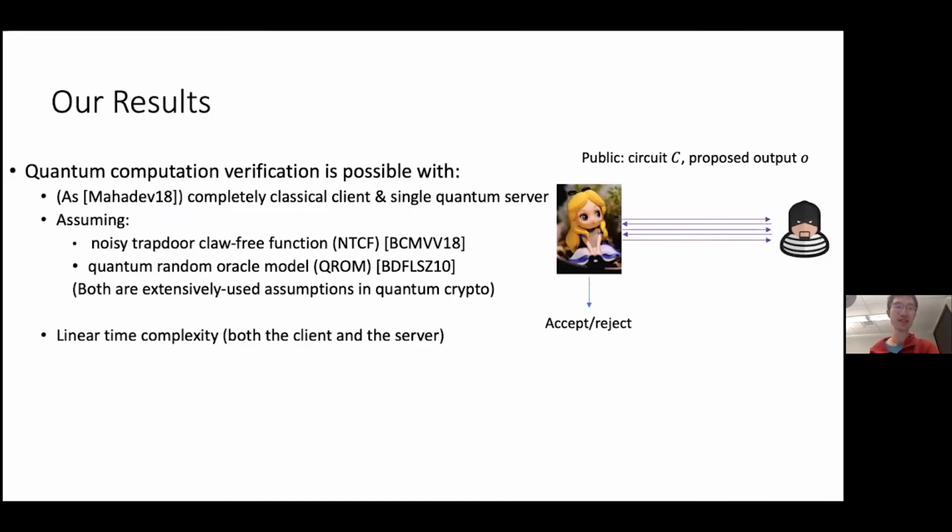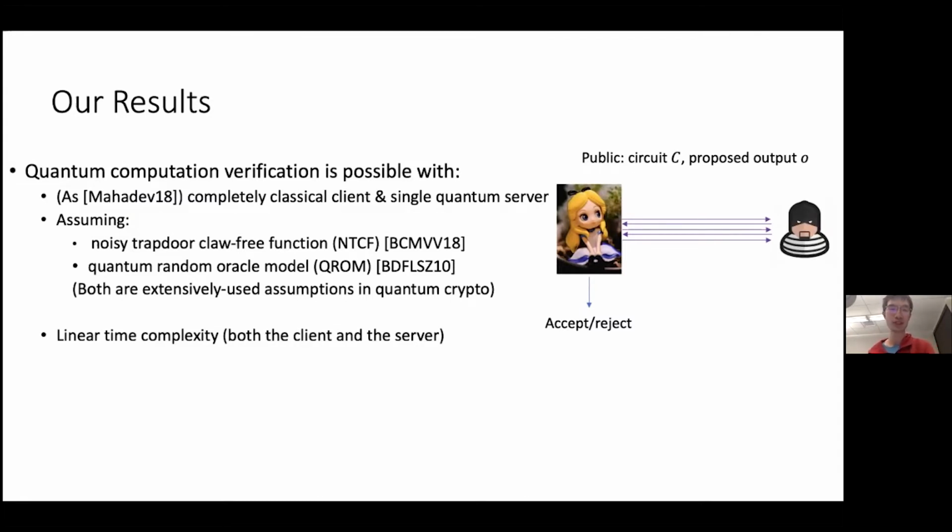And the total time complexity is linear in the size of the circuit to be verified. Here the complexity is measured by the total time complexity, including both the client-side classical computation and server-side computation.